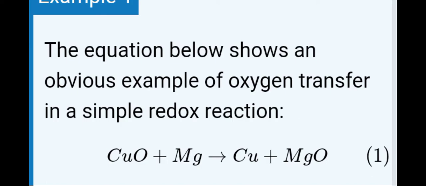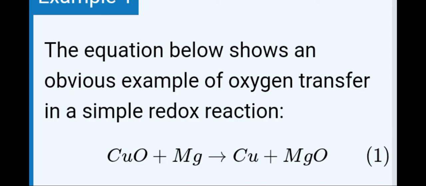CuO is cupric oxide, plus magnesium having zero charge, because an atom has no charge. Collectively, CuO has no charge, but copper itself has 2 positive charge. Magnesium alone has no charge, so in atomic form it has 0 charge. Cu also has 0 charge.